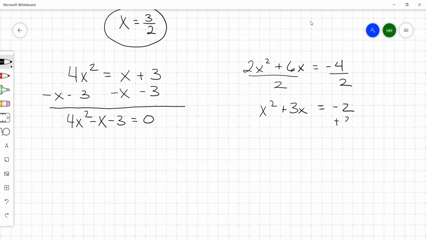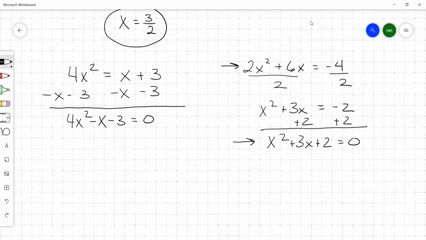And then you could add 2 to each side, and you could be factoring a trinomial with a 1 in front of the x squared. So this would be x squared plus 3x plus 2 equals 0. This will be easier to factor. So be sure to scan through the problem beforehand to see if you can factor anything out of the trinomial to make it easier to factor. Because the easier it is to factor, the easier it is to find the zeros.